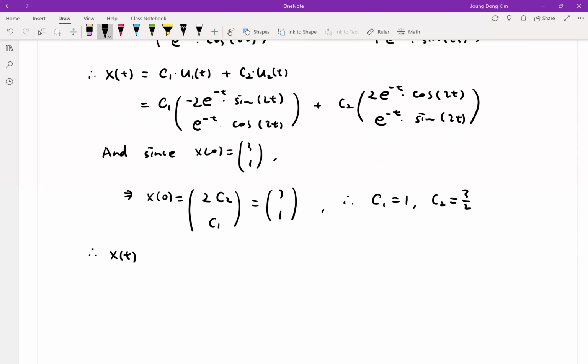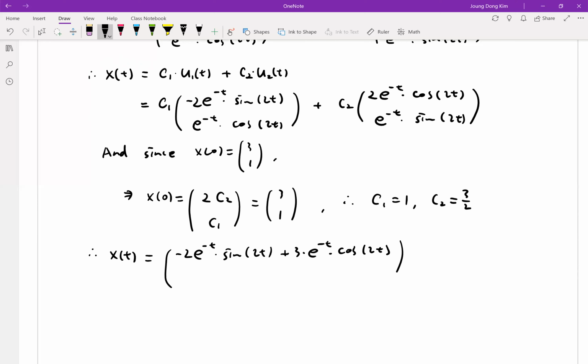x(t) is equal to, for the first row, c1 times minus 2 e to the minus t sine 2t. Let me combine at the same time. And c2 is 3 over 2, which gives plus 3 e to the minus t cosine 2t.